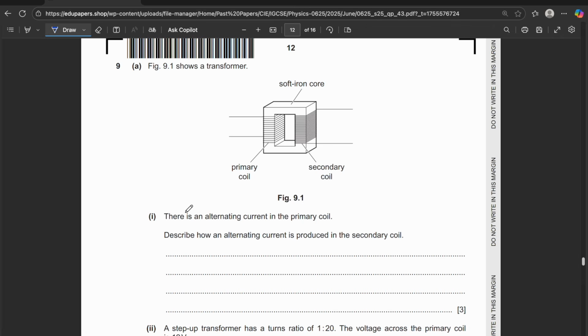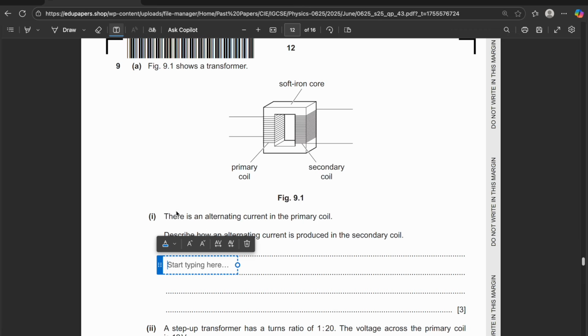Figure 9.1 shows a transformer. 1. There is an alternating current in the primary coil. Describe how an alternating current is produced in the secondary coil. This is asking for the operation of a transformer.